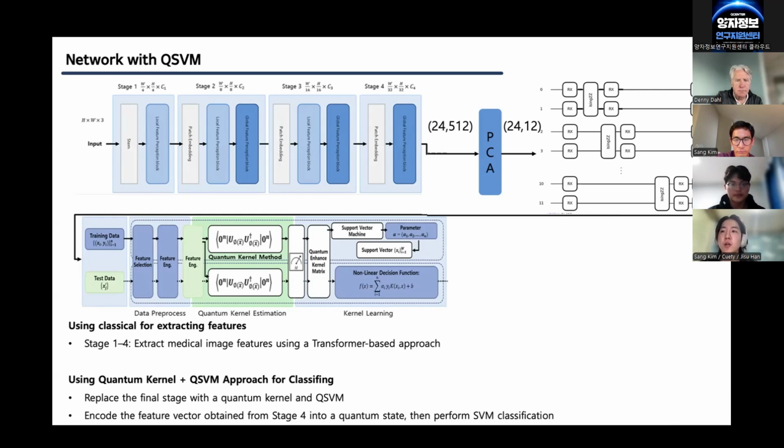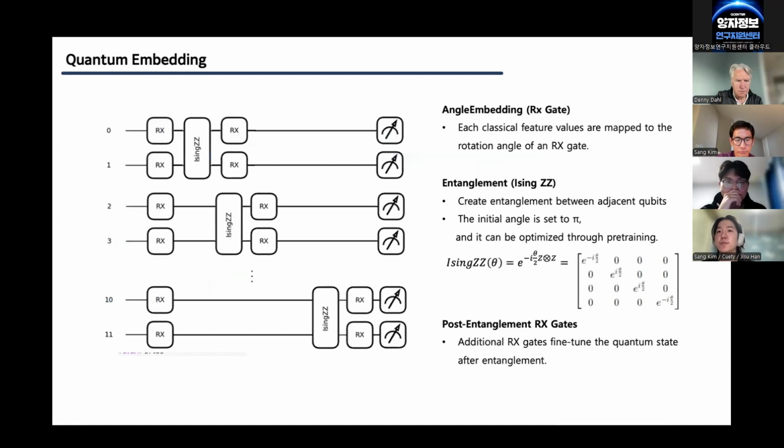The 512-dimensional feature map extracted from the baseline was reduced to 12 dimensions using PCA, and those 12 features were angle embedded into a quantum circuit to represent them as quantum states. Then, by applying the quantum kernel trick, the data is mapped into a high-dimensional Hilbert space, enabling better separation of classes during classification.